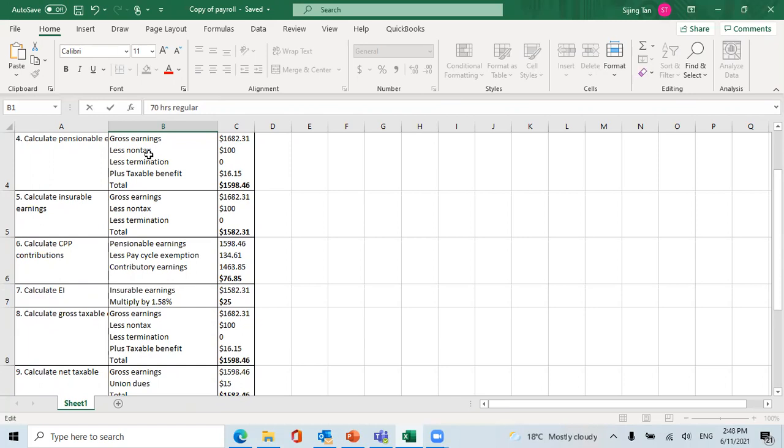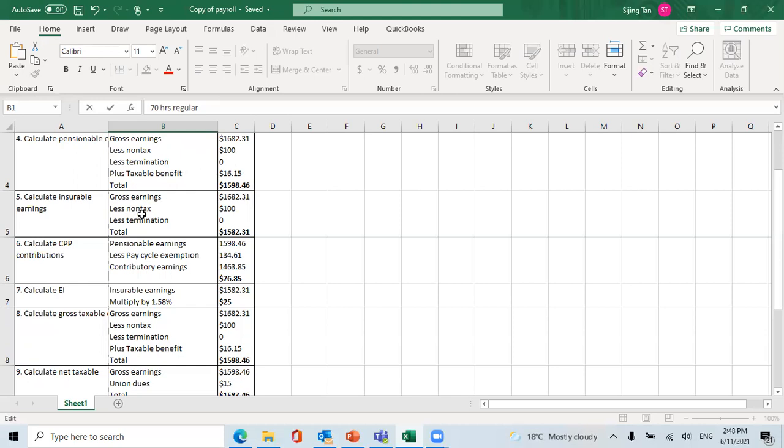We less the non-taxable allowance, which is the safety shoe, $100. We less termination, 0. We add back the taxable benefits, $16.15. That is the group life insurance. So we use $35 times 12, get our annual earnings, and then divide it by 26. So we come up with $16.15. So the total will be $1,598.46. That's your pensionable earnings.